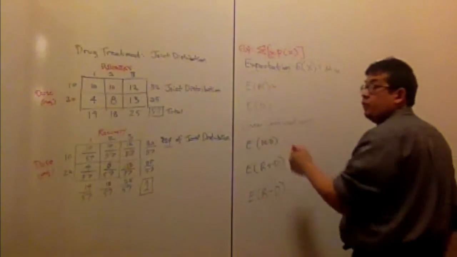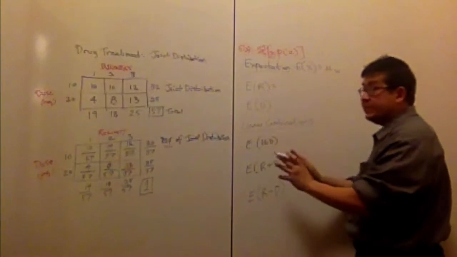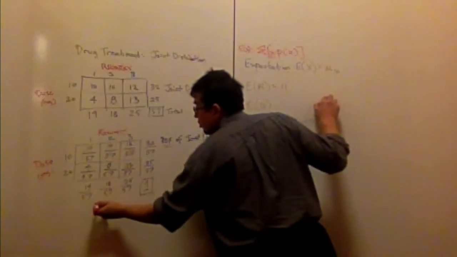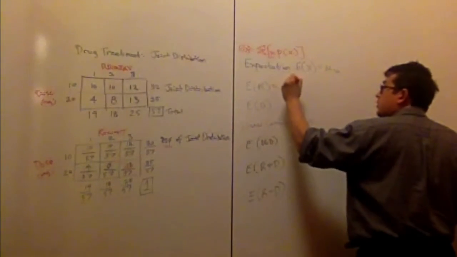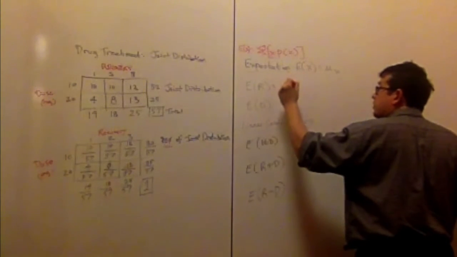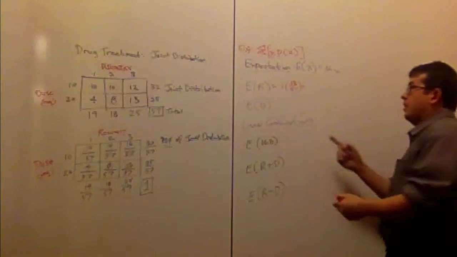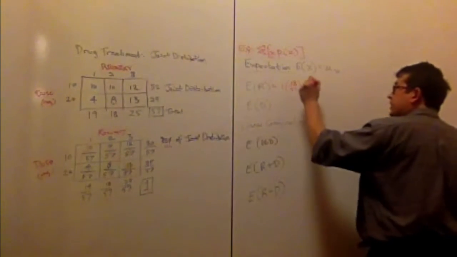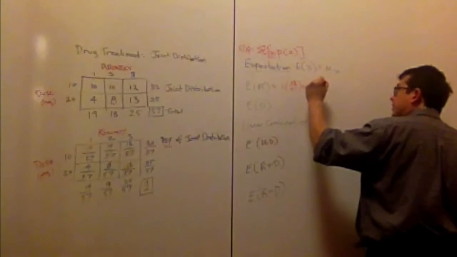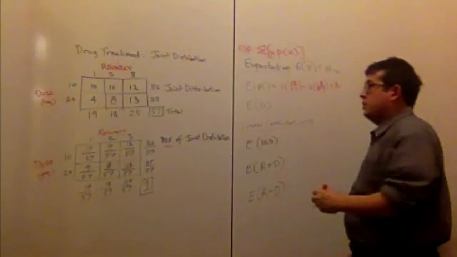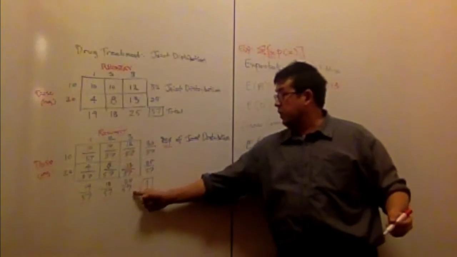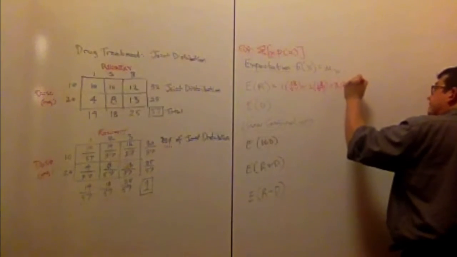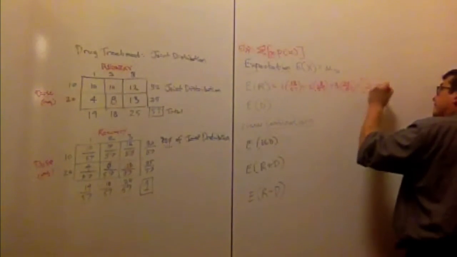The expectation for recovery for this data set is 1 times the marginal column sum, so 14 over 57, plus 2 times 18/57, plus 3, the rank in recovery, times 25/57.